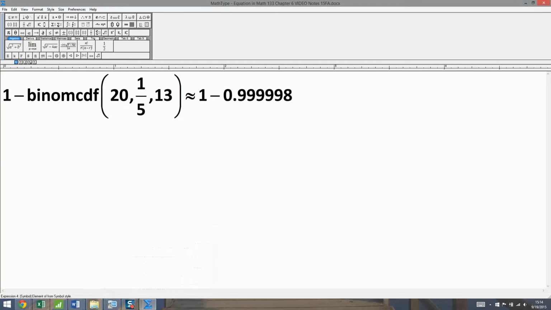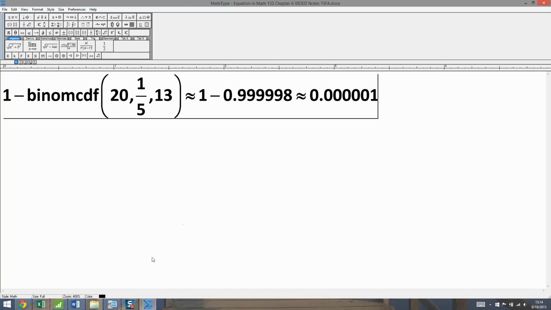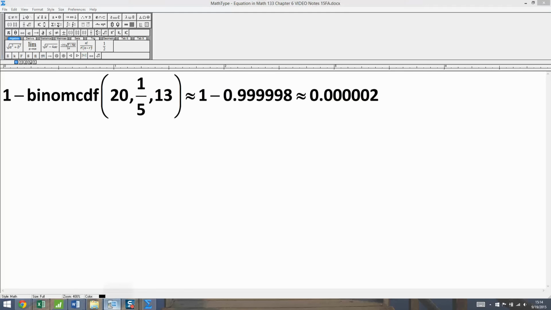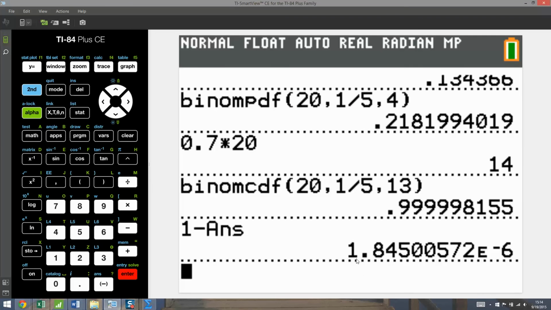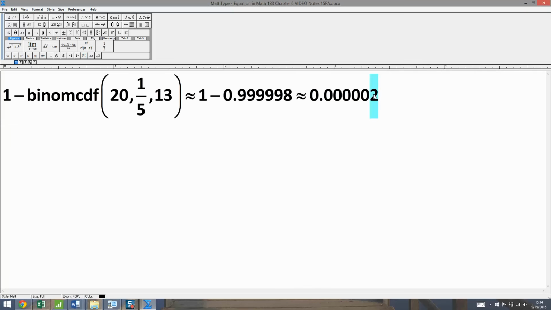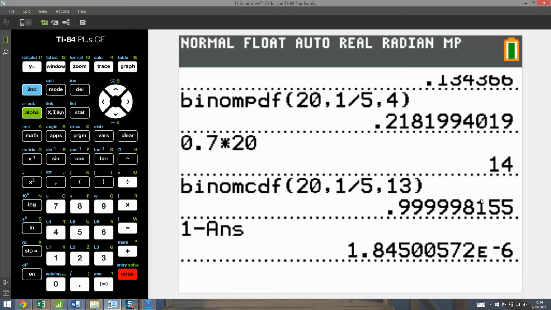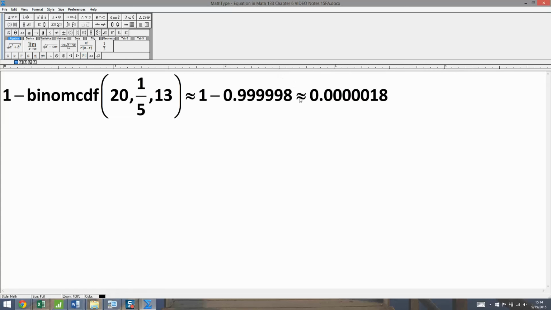So it's 0.00000 to match the 5 9s, and then the last digit comes out to 2 because of the 8.